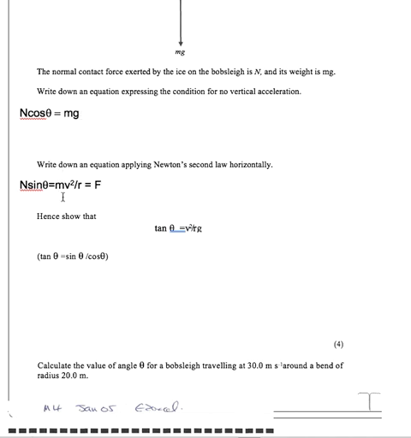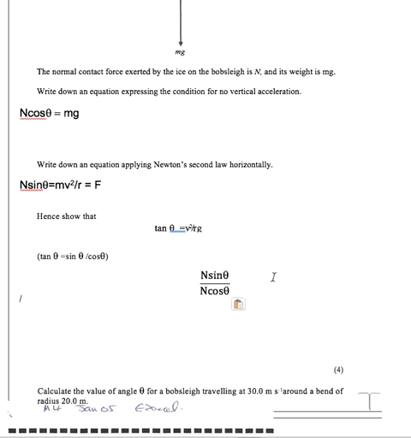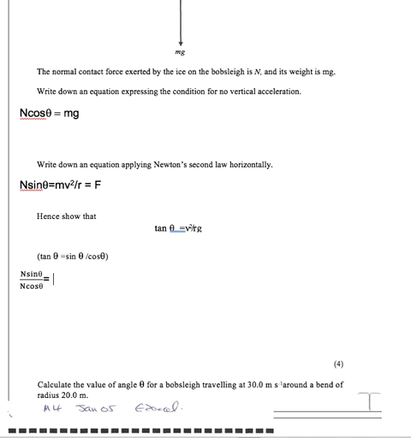So I'm going to do my n sine theta over cos theta, and I'm going to say that that equals mv squared over r and that is divided by mg.